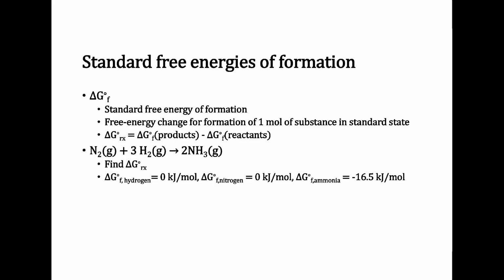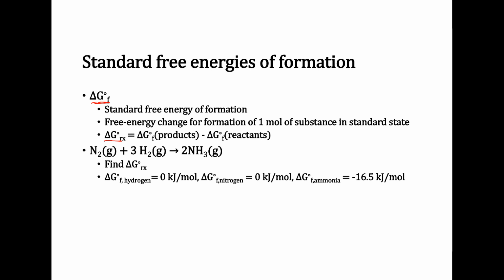All right, so now we can find this in another way. The other way is in one of those thermodynamic reference tables. They'll actually give you the standard free energy of formation, delta G sub F. This is the free energy change for the formation of 1 mole of the substance, just like the enthalpy of formation. So delta G of the reaction is equal to delta G of the products minus delta G of the reactants.